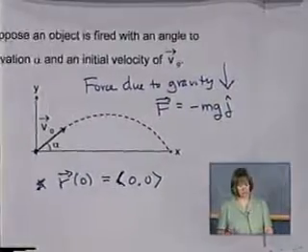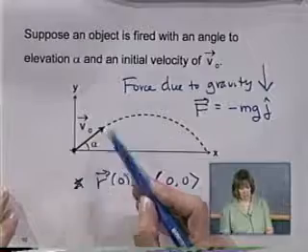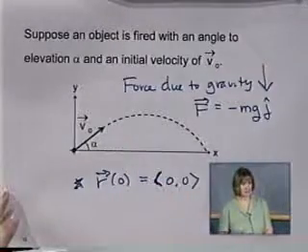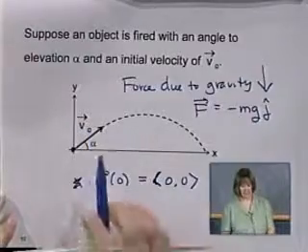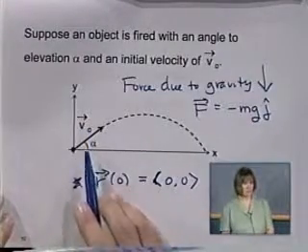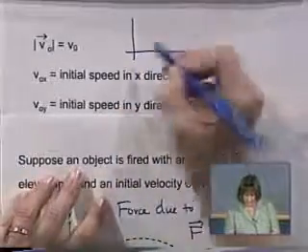Now, what I wanted to figure out first is this: I'm sending this thing up with a velocity v naught. That's the velocity vector, and the angle that we projected this thing into the air is alpha. So let's draw that little picture right here. Here's my x and my y-axis.